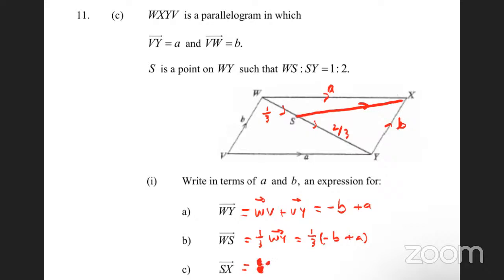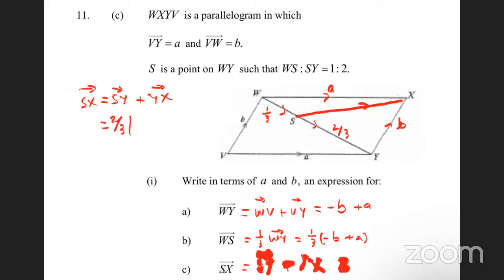So that's S to Y plus Y to X. SX is S to Y plus Y to X. Right, S to Y is 2/3 of minus B plus C, and Y to X is B. And that's it.